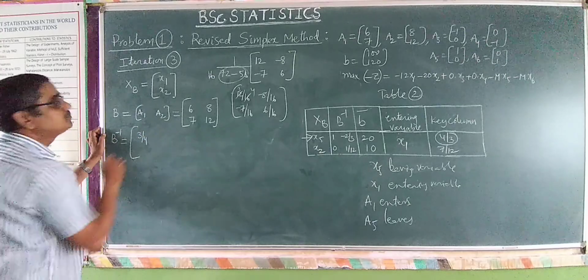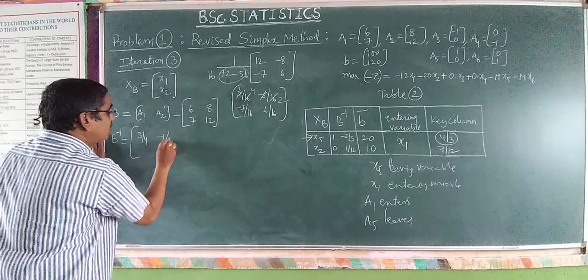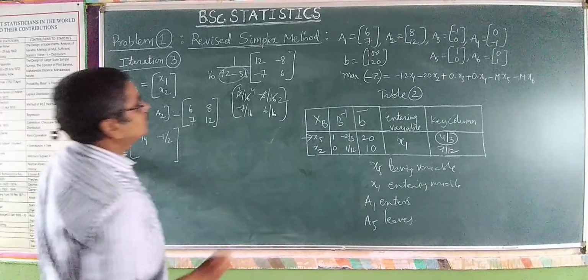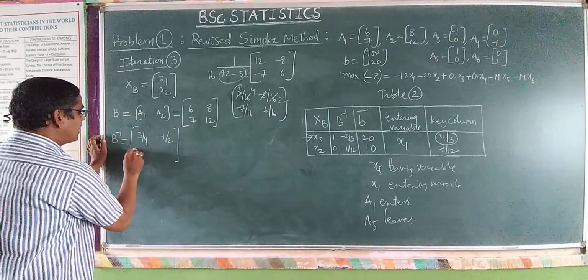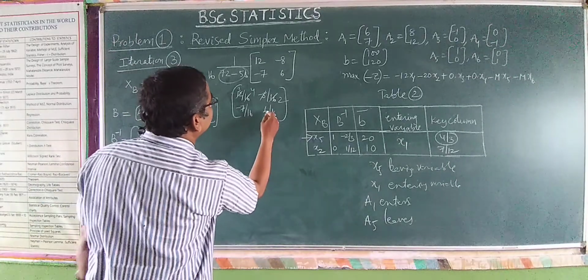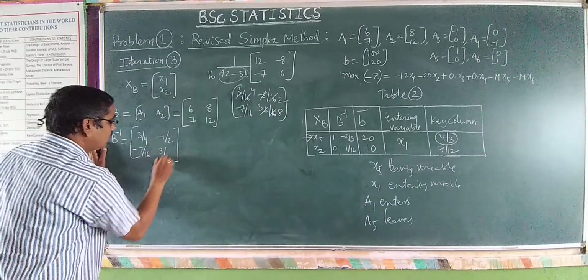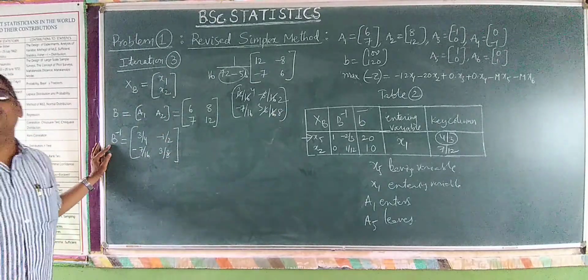Then minus 1 by 2, and minus 7 by 16, and 6 by 16 is 3 by 8. So this is B inverse.